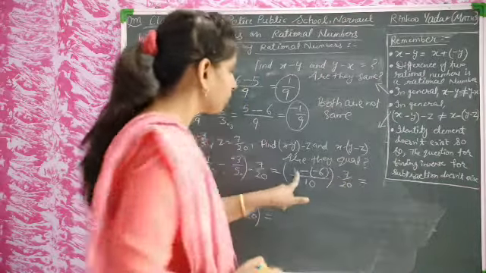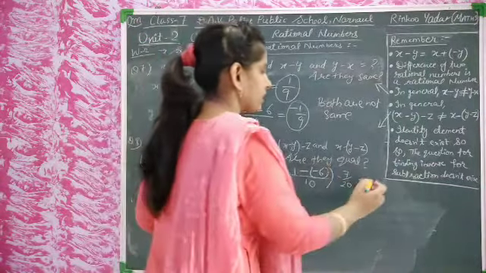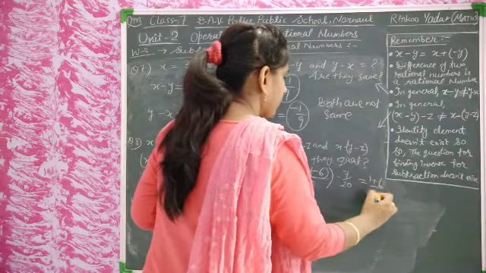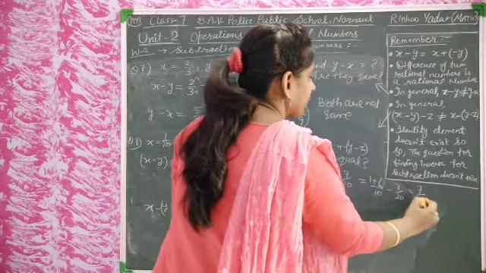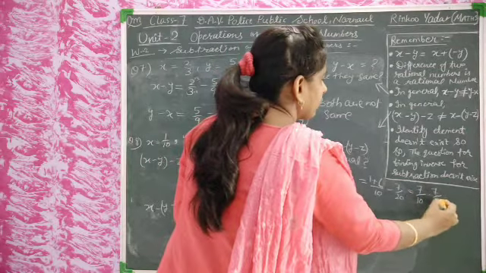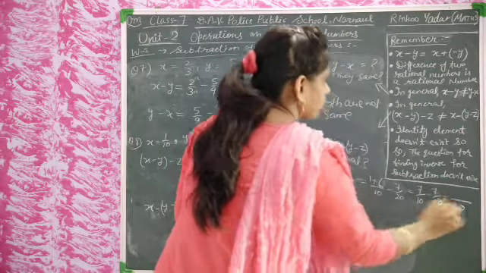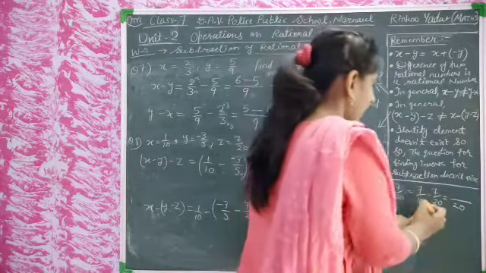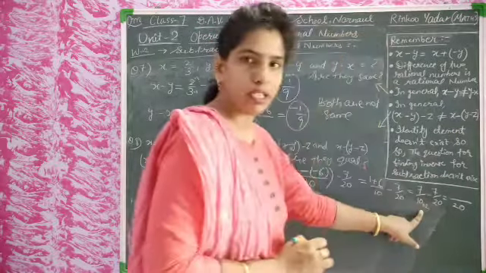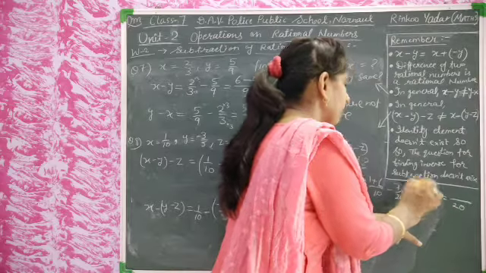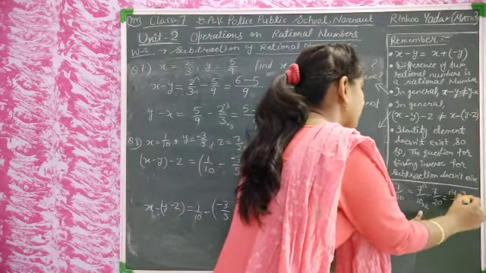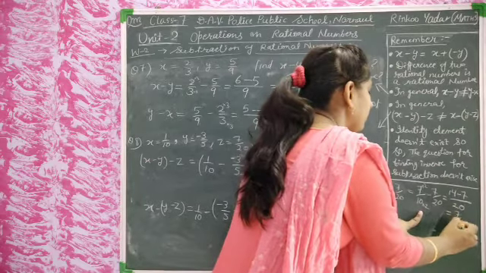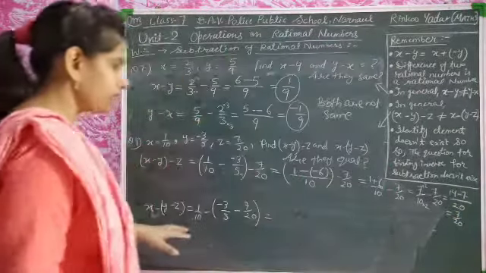That equals 1 plus 6 divided by 10 minus 7 by 20, that is 7 by 10 minus 7 by 20. Taking the LCM, 20, 10 is multiplied by 2, so 14 minus 7, and that equals 7 by 20. This we get here.